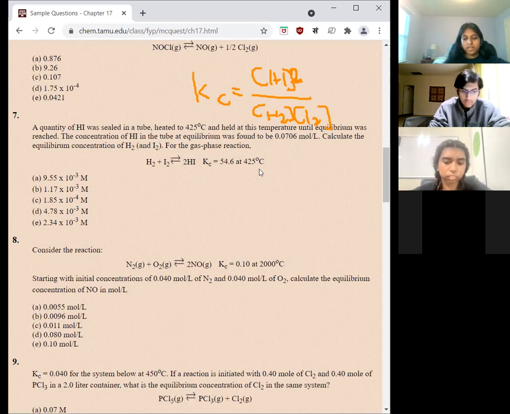So I got 9.13 times 10 to the negative fifth, and that is equal to the concentration of H2 times the concentration of I2. And according to this problem, they have the same concentration. So to find the concentration of one of them, we would just square root the value that we got in our calculator.